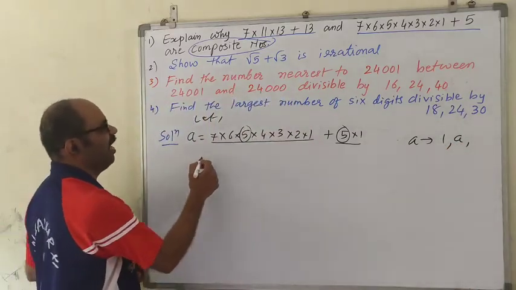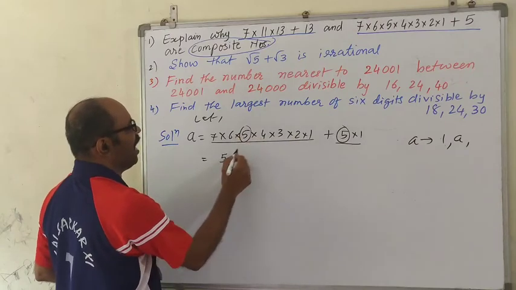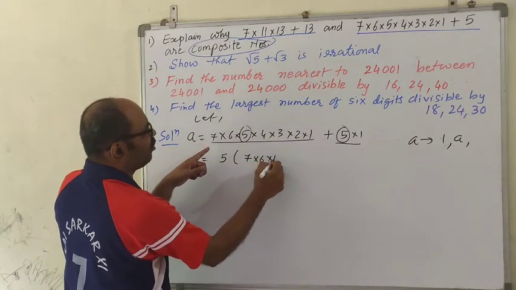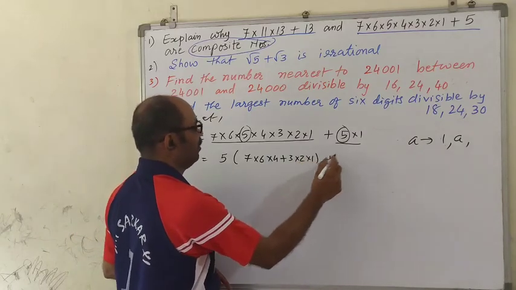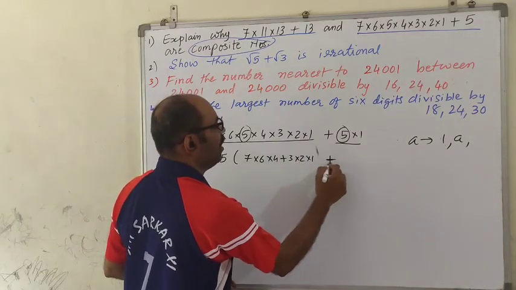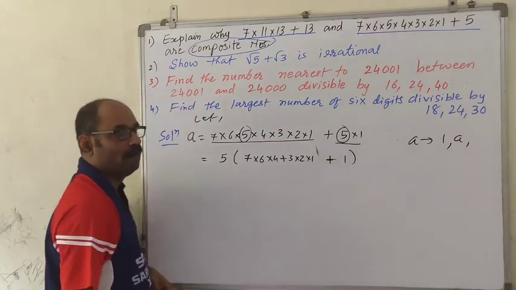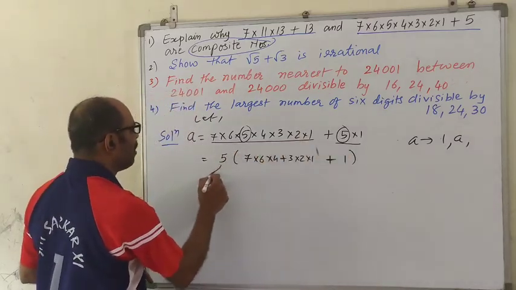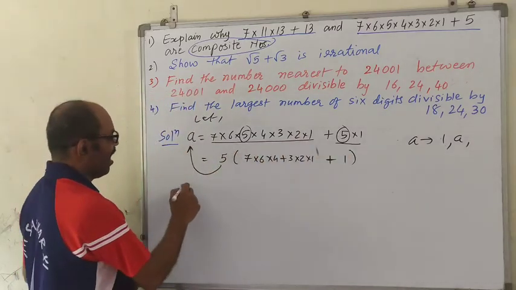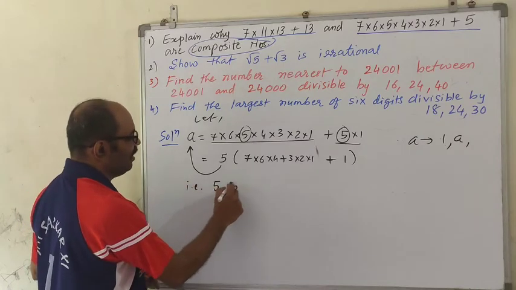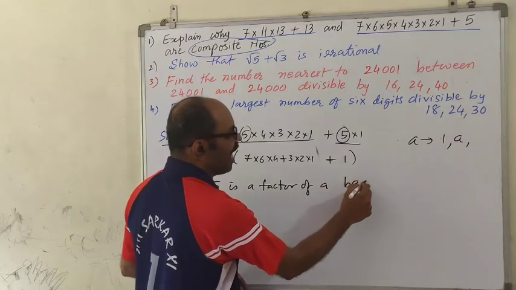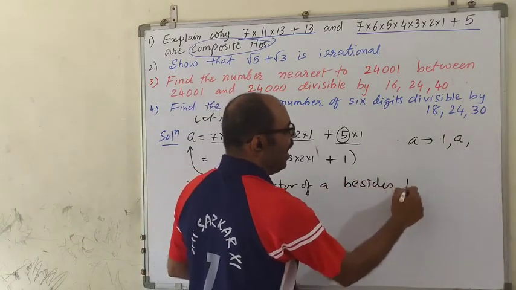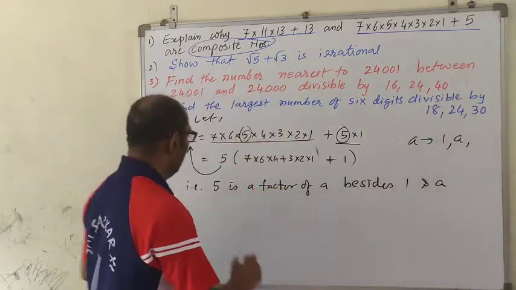Okay, what is the third factor? So what is common in the two terms? 5 into 7 into 6 into 4 into 3 into 2 into 1 plus 1. Whatever this may be, you got a third factor, i.e. 5 is a factor of a besides 1 and a.